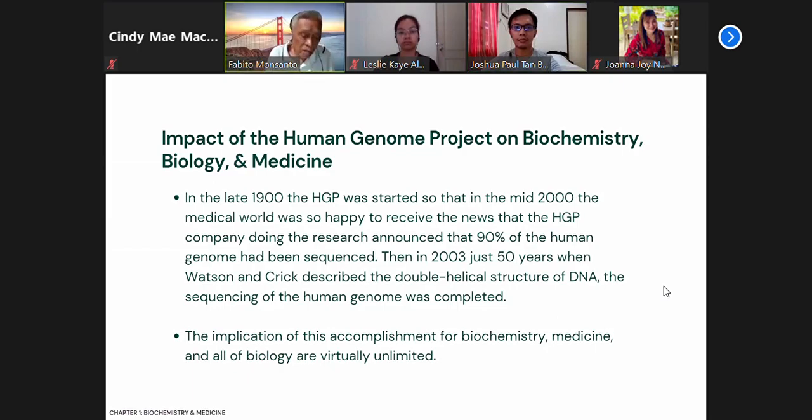So this race in the sequencing started in the late 1900s. And in the mid-2000, there was news that a company had sequenced the human genome 90% already. So just only 10% more.